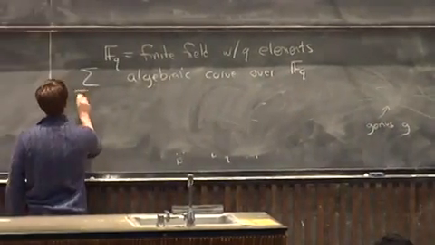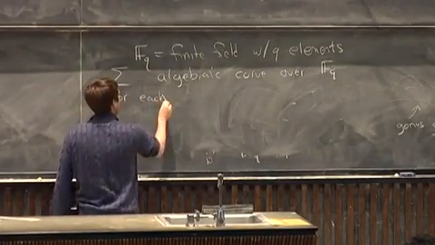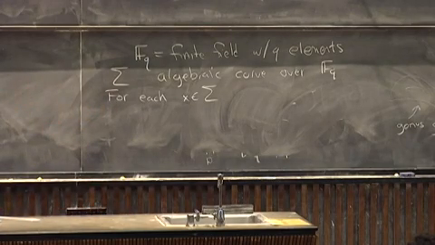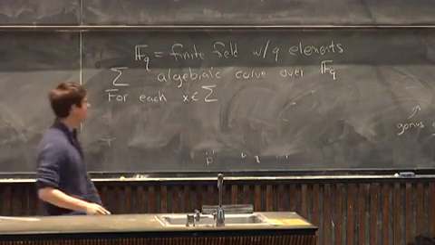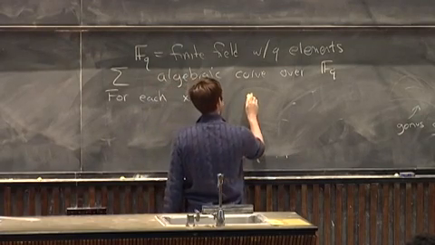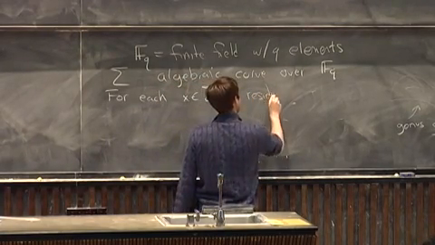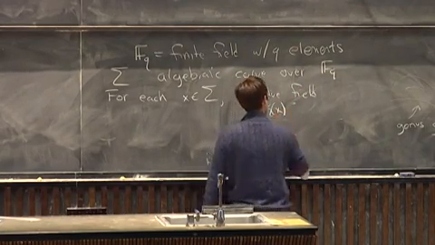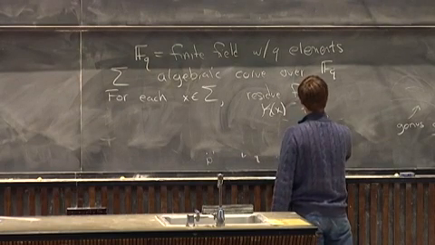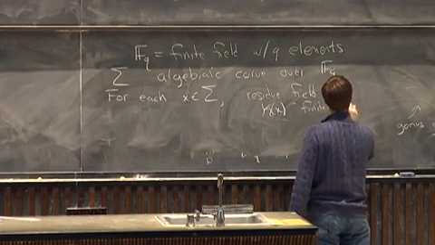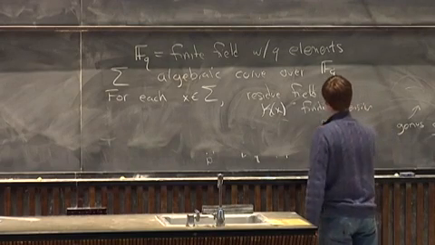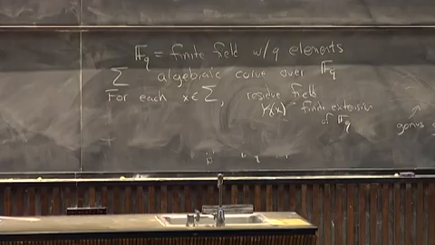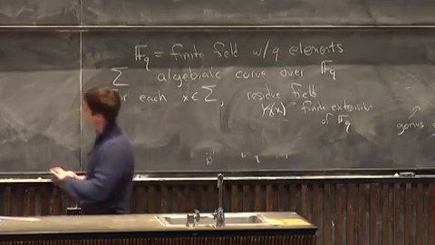And for each point belonging to sigma, so by that I mean what in algebraic geometry would be called a closed point of sigma, there's an associated residue field at x, which is a finite extension of F_q. So this data is roughly going to be our replacement for the integers and the rational numbers.